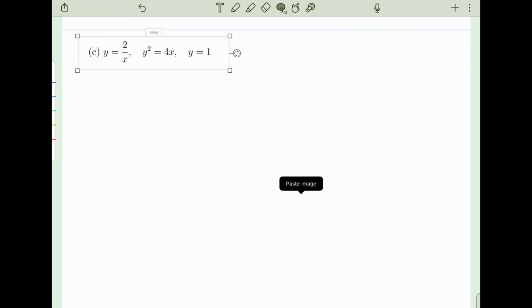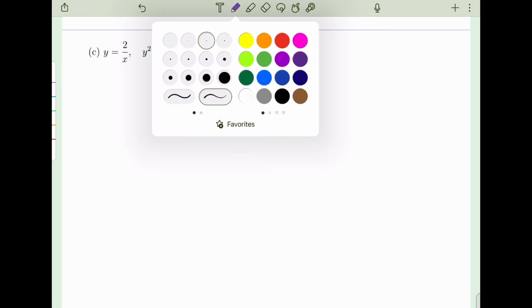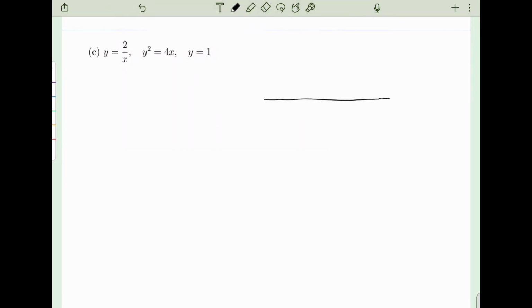Y equal to 2 over x. Draw the diagram, like that. And then y squared equal to 4x.